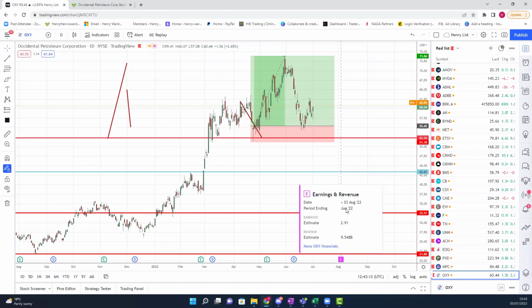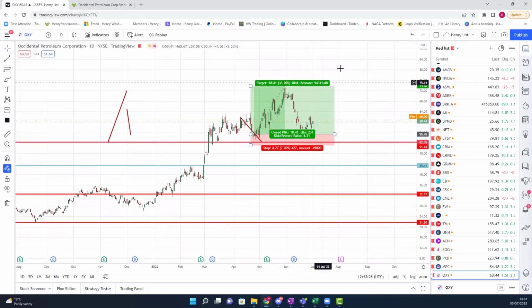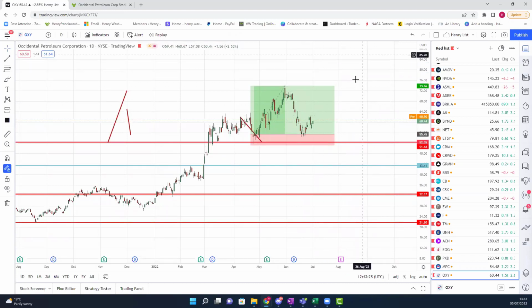But if you think this is going to have good earnings, isn't everyone and their mother looking at the likes of oil companies? And we could see this run to $80 or $90 if this has a good earnings. But again, only time will tell.